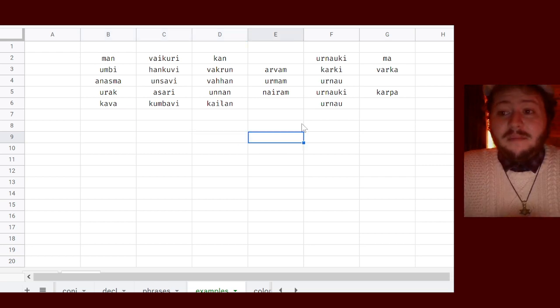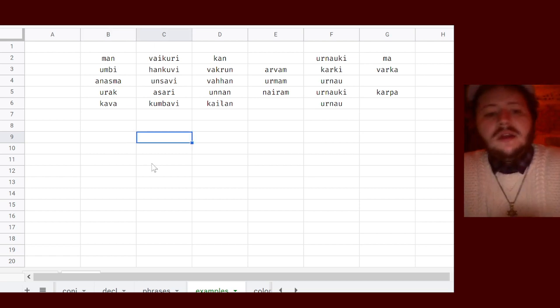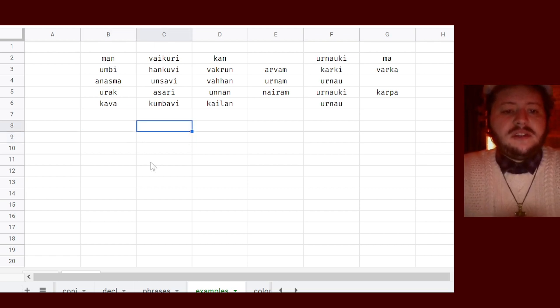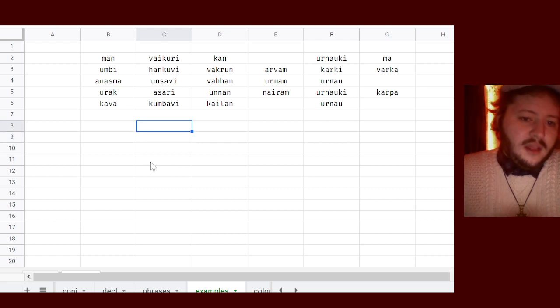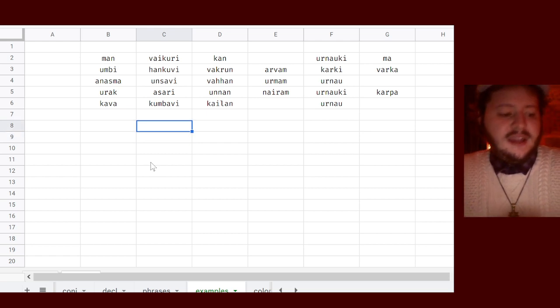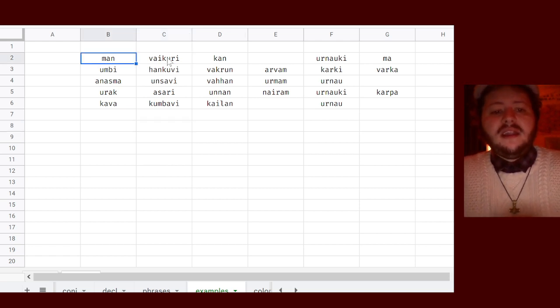One of the things I'm very happy with in this language is the way that sense verbs work. When I talk about senses, I'm going to talk about the 5 typical senses people talk about, which are seeing, hearing, smelling, feeling physically, and tasting. And these are each represented here in each of these sentences.